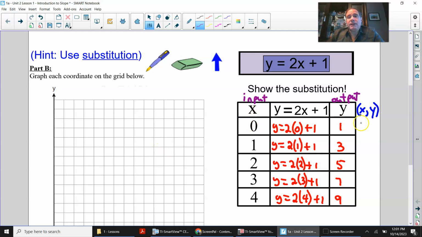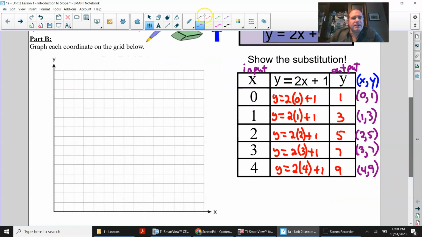So in coordinates, the x gets listed first, and then the y gets listed second. So we would have 0, 1, 1, 3, 2, 5, 3, 7, 4, 9, and so on and so forth.